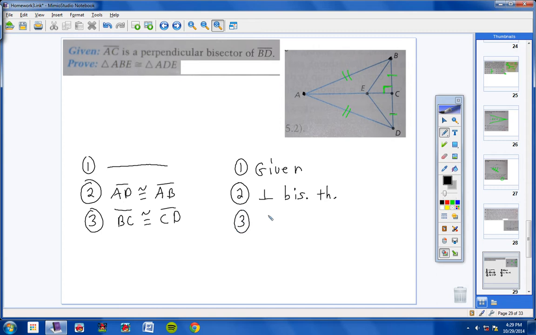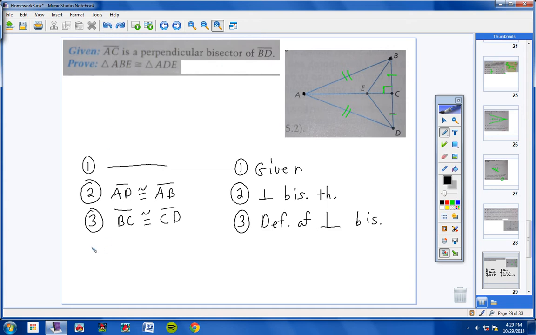Now, we can state that because of the definition of perpendicular bisector. We're told up here that AC is a perpendicular bisector, so we know that this segment here is congruent to this segment here, okay?